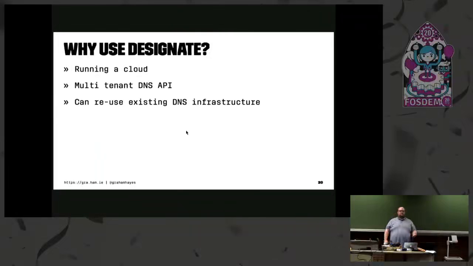So in short, why should you use Designate? It's a real advantage if you're running a cloud with the support for allowing all of your users to manage their reverse DNS without having to give them access to the full zone. It makes it much easier, having a multi-tenant DNS API.